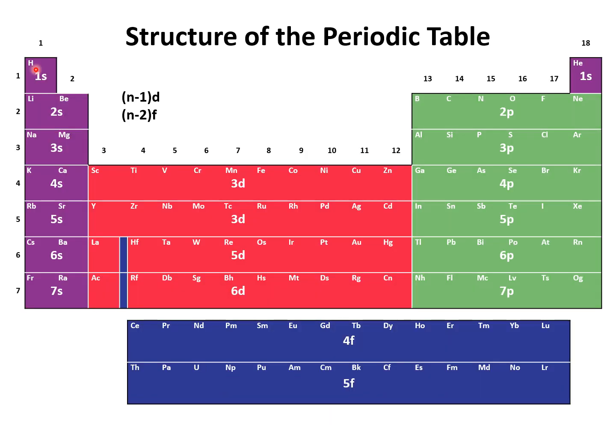Here we see where the atomic orbitals are located in the short form of the periodic table. In groups 1 and 2, we have the s block elements. In groups 13 to 18, we have the p block elements. In groups 3 to 12, we have the d block elements. And at the bottom, in the lanthanoids and actinoids, we have the f block elements.